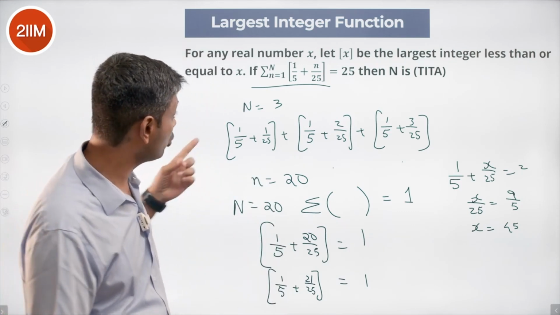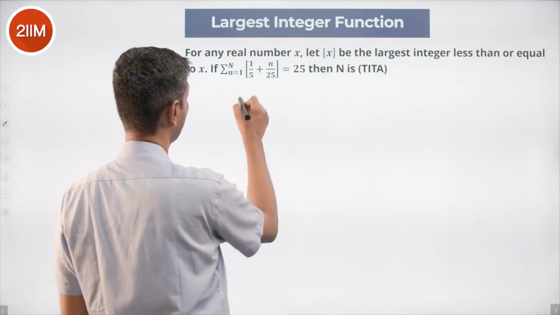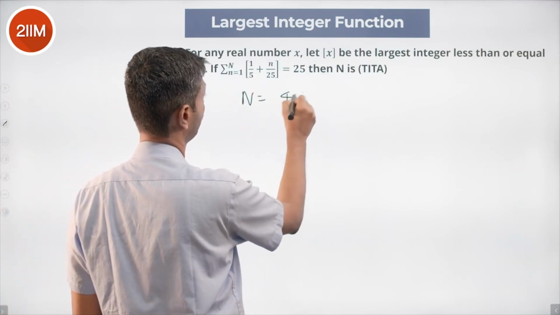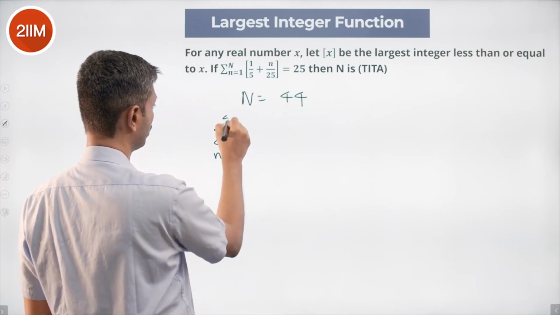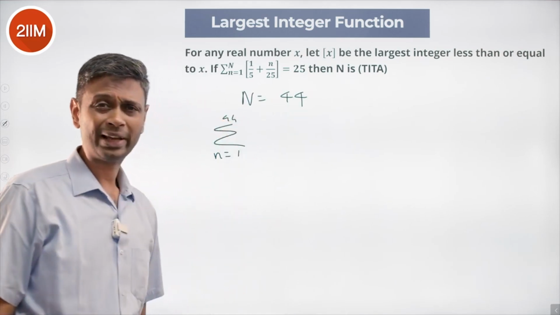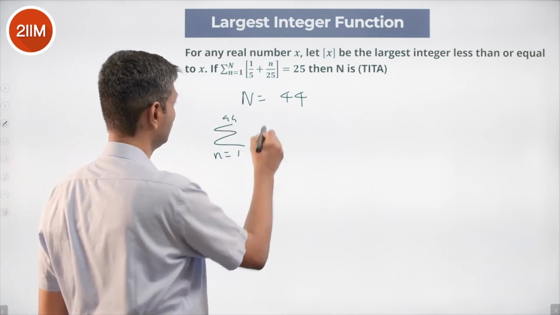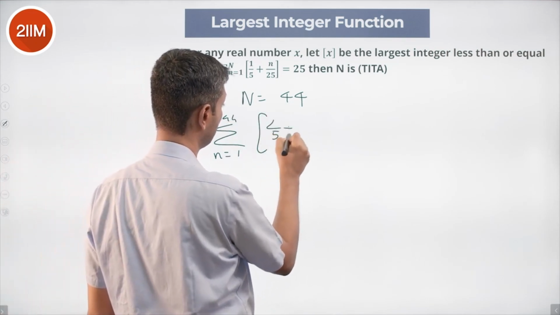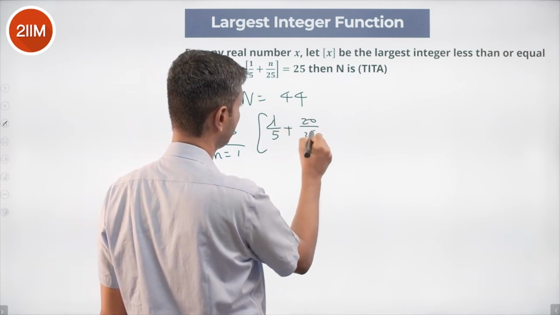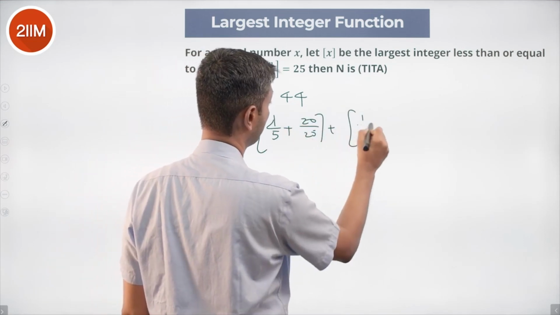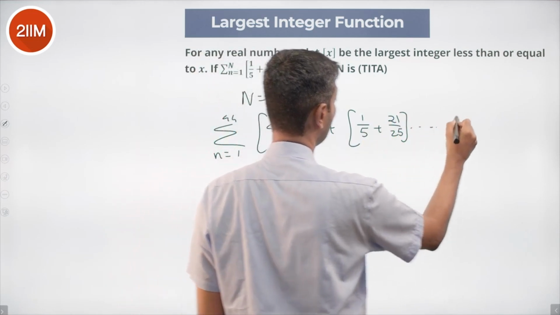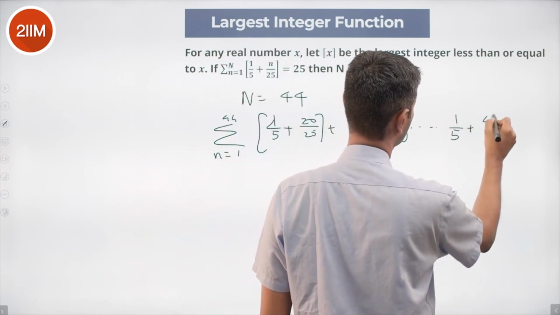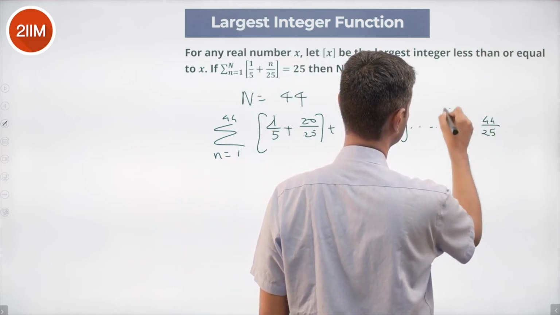So now if I put capital N equal to 44, and I'm adding from n equal to 1 to 44. 1 to 19, there is nothing. 1 by 5 plus 20 by 25. 1 by 5 plus 21 by 25. All the way till 1 by 5 plus 44 by 25.